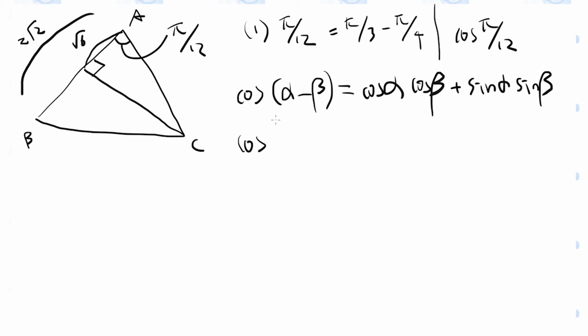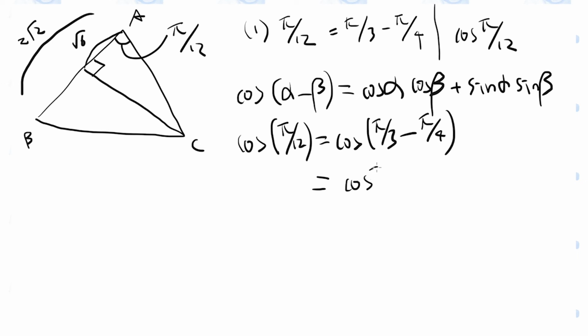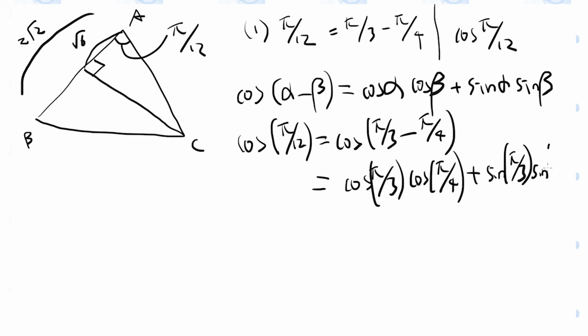Therefore, cosine pi over 12 is cosine of pi over 3 minus pi over 4, which is cosine pi over 3 times cosine pi over 4 plus sine pi over 3 times sine pi over 4.